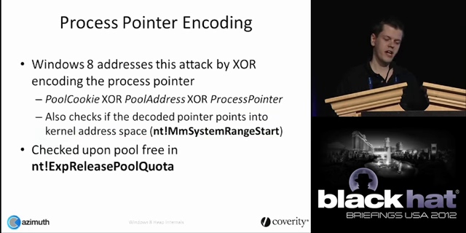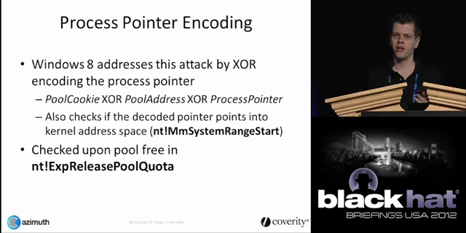In Windows 8, they addressed this attack by XOR encoding the process pointer. So they use this pool cookie and XOR it with the address of the chunk that you're attacking or checking, and it also XORs it with the process pointer. And not only this, but it also ensures that when it has decoded this value, that it points into kernel address space.